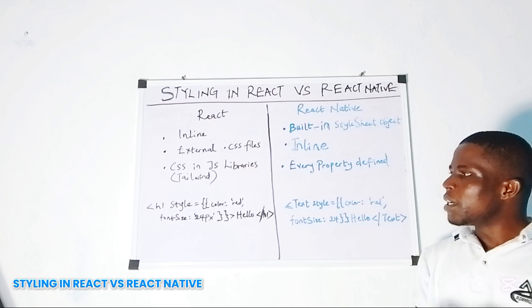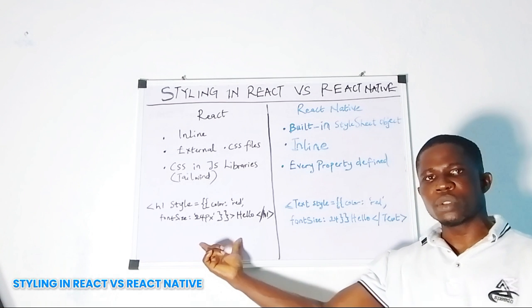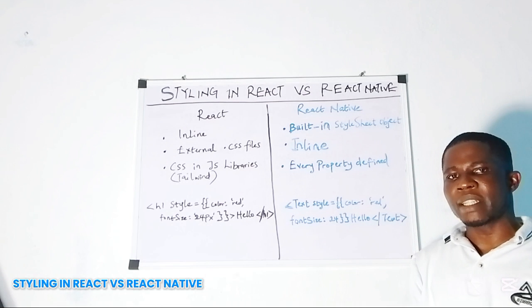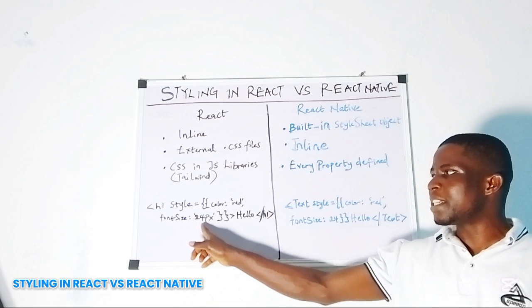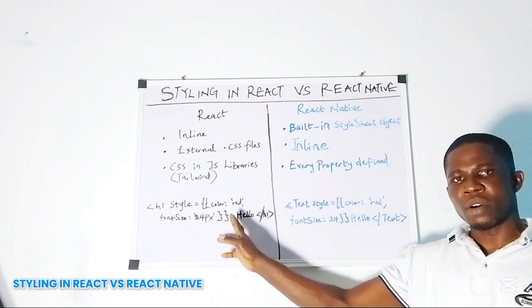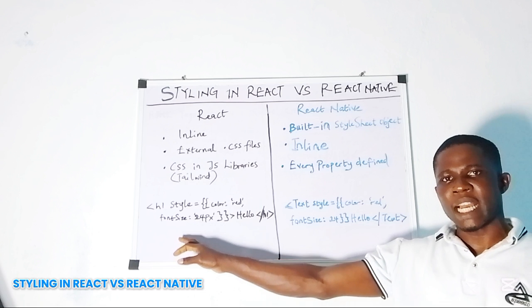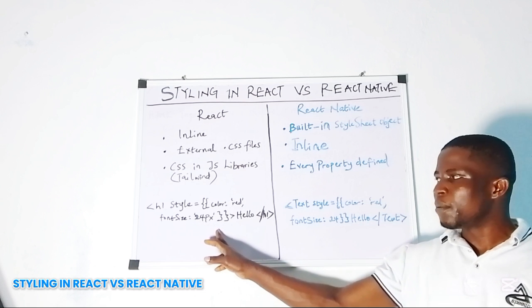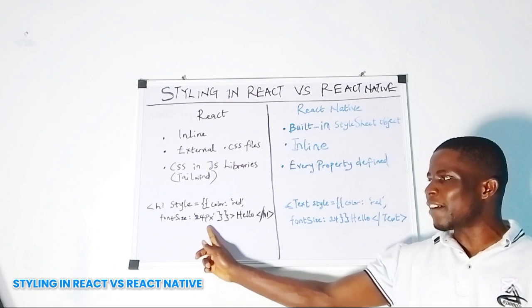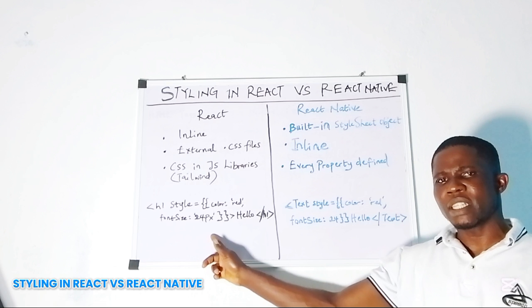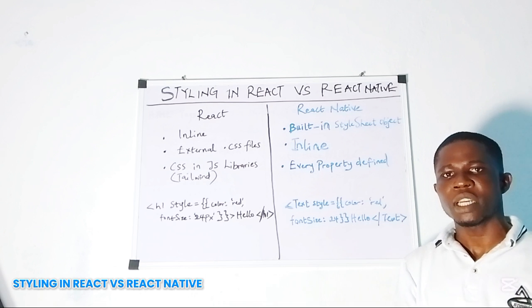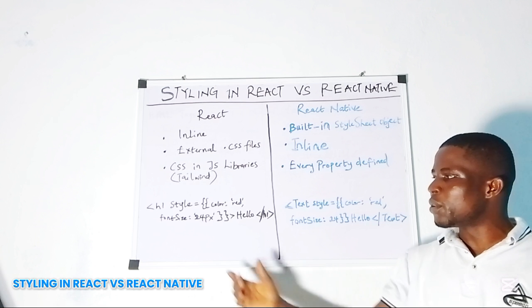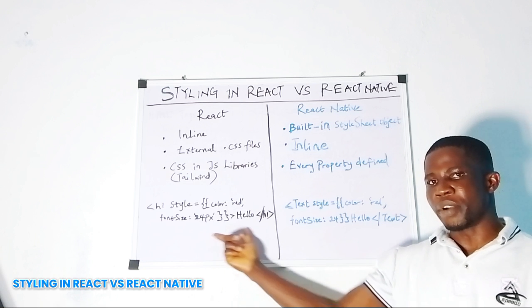For example, if you look at this code, which we are looking at right now, I just have an h1 tag, then I have my style, a basic color which is red and a font size of 24 pixels. But right here, you can see that I have to specify that I'm using the unit pixel. Of course, you can use rem, you can use percentage as your unit when you are adding styles in your React.